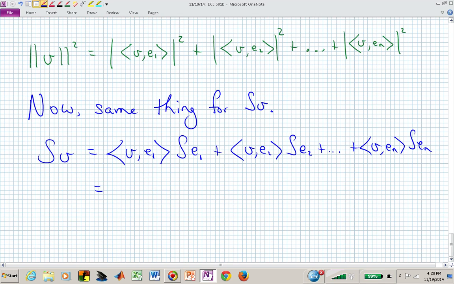Meaning this right-hand side now I can replace by lambda 1 times the inner product of V with E1, times E1, where I've simply replaced capital SE1 with lambda 1 E1, and lambda 1 is a scalar. I'm just locating it in front of that other scalar, which is the inner product of V with E1. Is that okay, what I'm doing? And I can just do that for all of these.